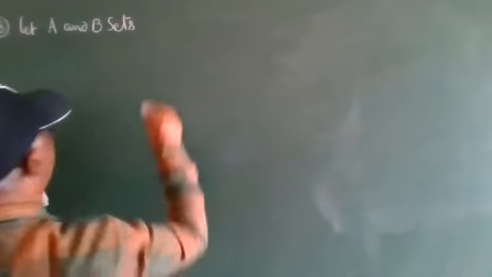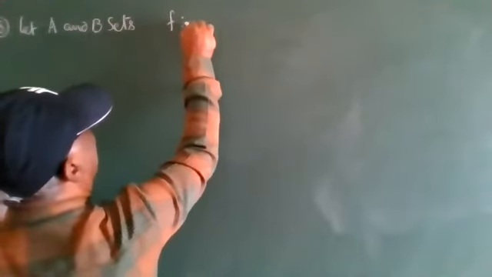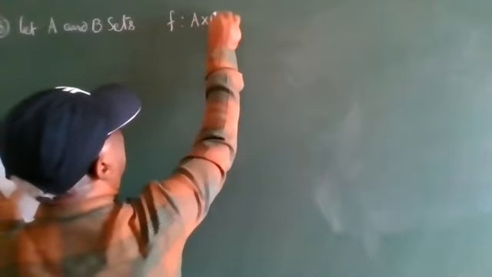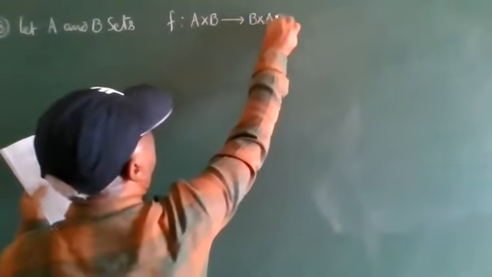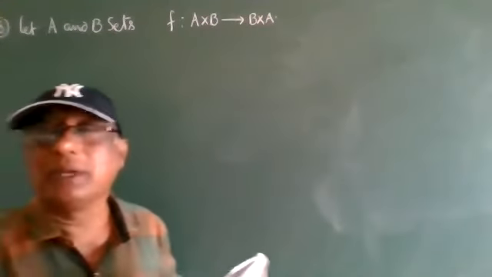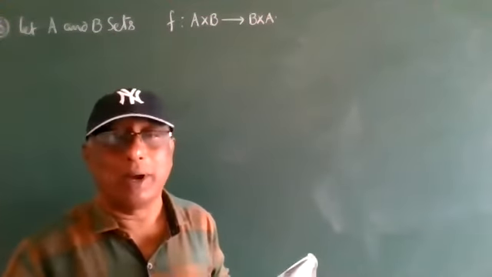There is a small confusion in the eighth problem. Let A and B be two sets. F is a mapping from the Cartesian product A cross B, which is the domain, to B cross A, which is the codomain.